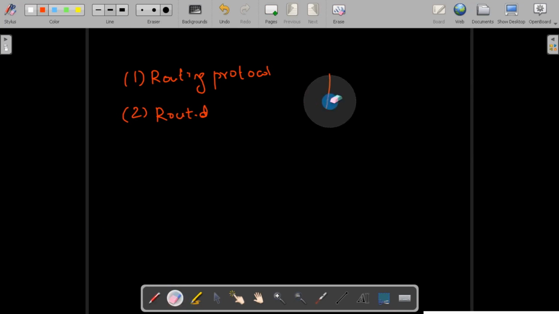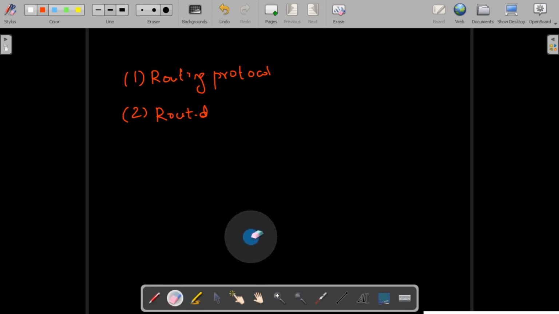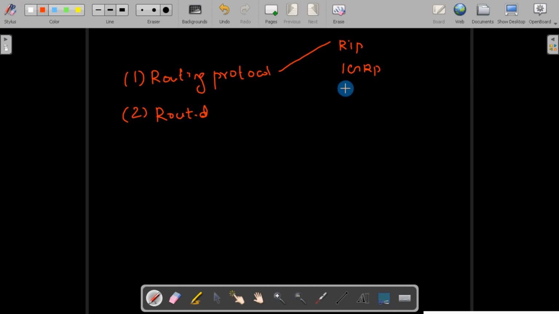Examples of routing protocols are RIP, IGRP, EIGRP, OSPF. All these are called routing protocols. By using routing protocols, the router will compute the routing table.